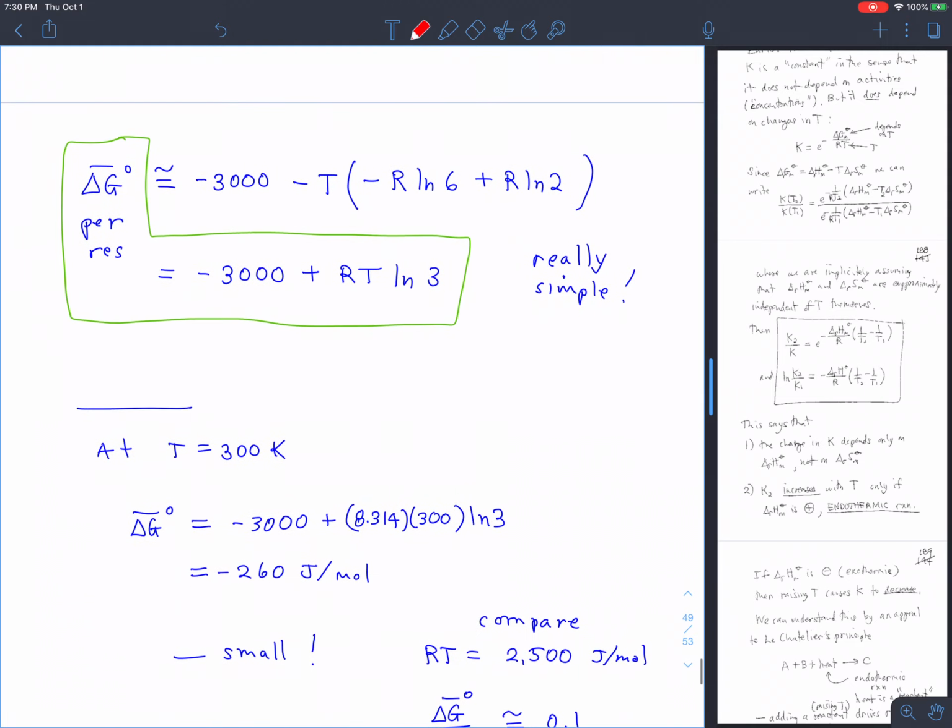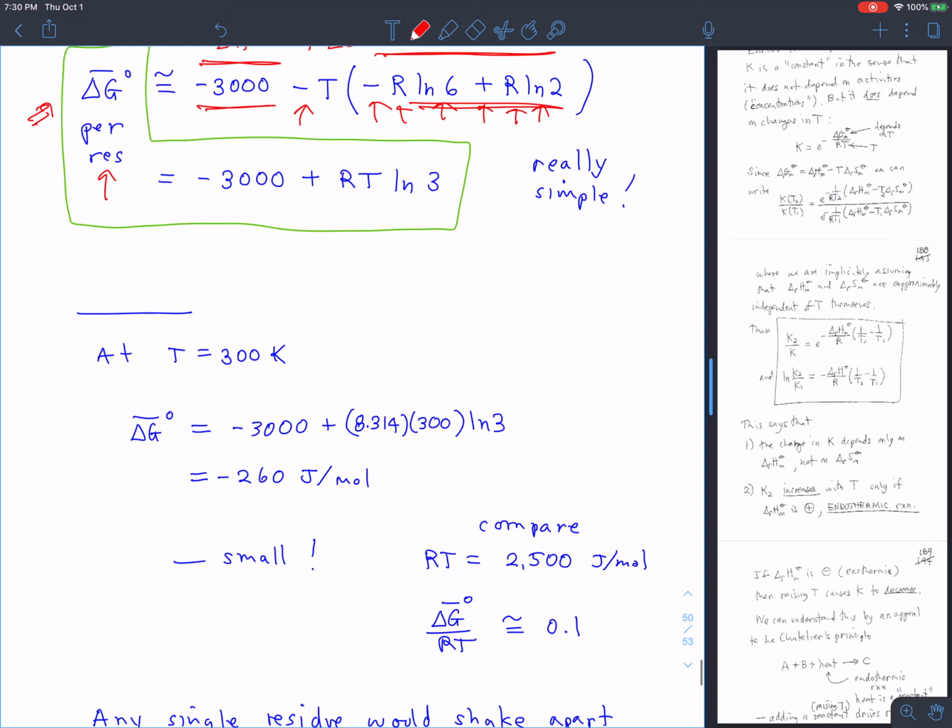All right, putting all those terms together, we get the following: our delta G, our model value for delta G, per residue is minus 3,000, this is delta H, minus T delta S. This is delta S. Minus T times a minus R log 6 plus R log 2. We can combine these logs, and it all boils down to something extremely simple. It's minus 3,000 plus RT log of 3.